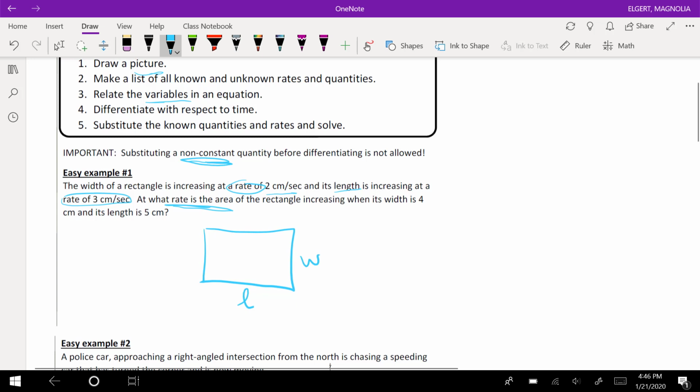Second one, make a list of what you know. I know that the width is increasing, so my dw dt is 2 centimeters per second. I know my length, so my dl dt is increasing at 3 centimeters per second.